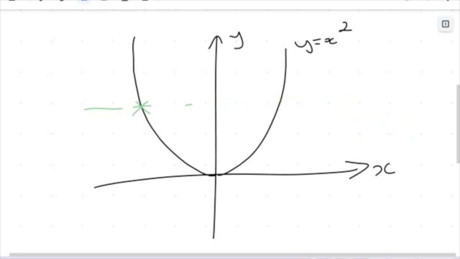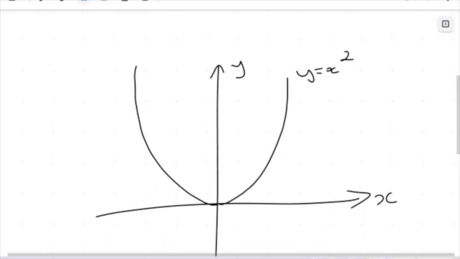Now, if I rub all of this out, we're going to just make one little observation. Now, if we were to draw an inverse to this, remember from the previous video, that's the effect of the x and y having different roles.